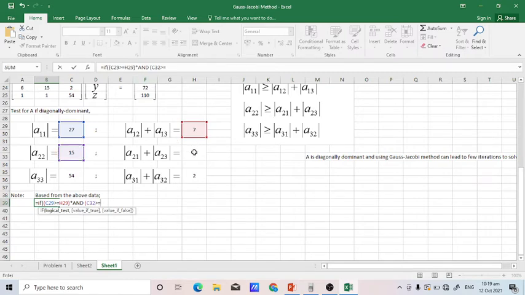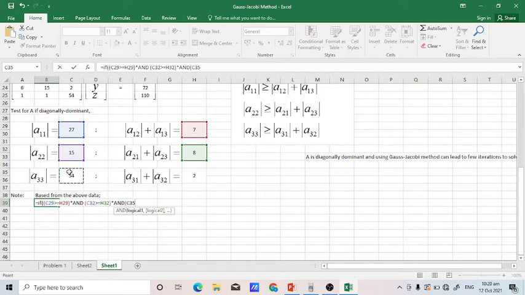dito, sinasatisfy lang natin ito, no? At saka yung pangatlo, and dito, okay, greater than or equal to C35.